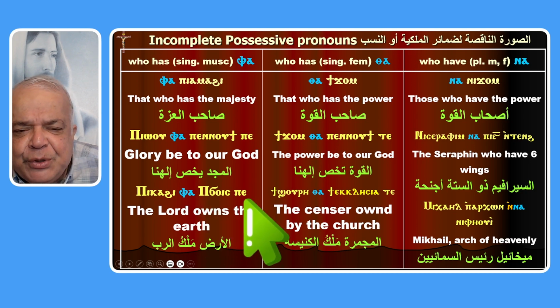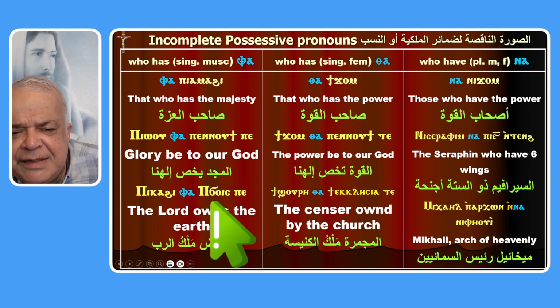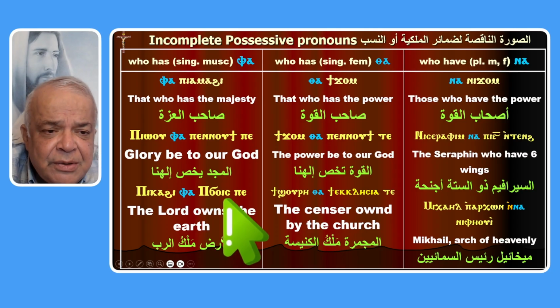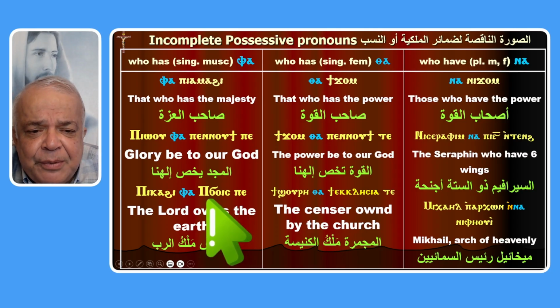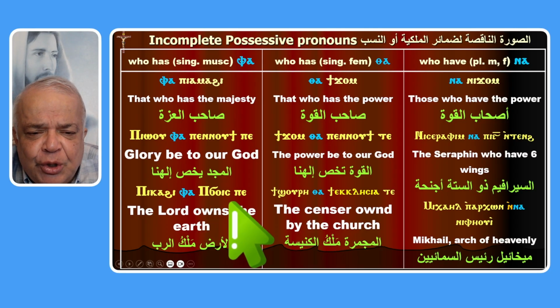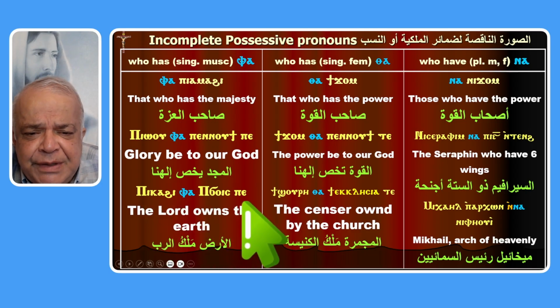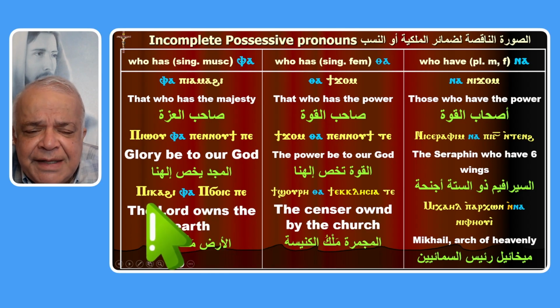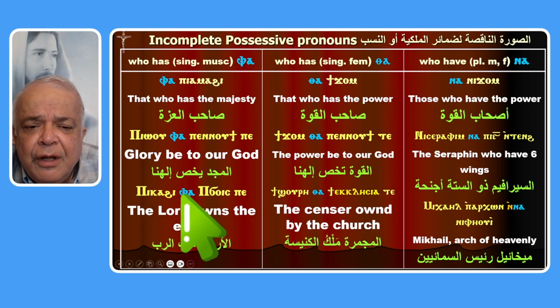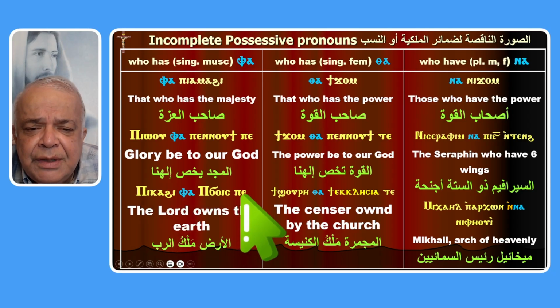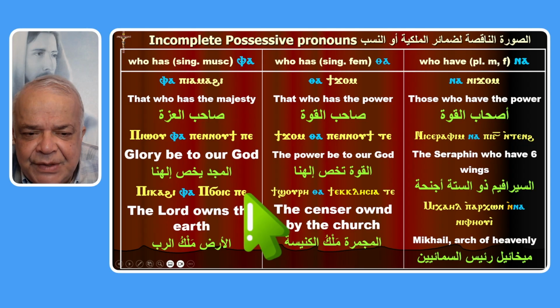Some people say ep choice to make it easier for pronunciation, which is okay, but the proper pronunciation is ep et choice. Pika fa ep et choice pe, the Lord owns the earth, or the exact translation will be, the earth belongs to the Lord, it is. You see?